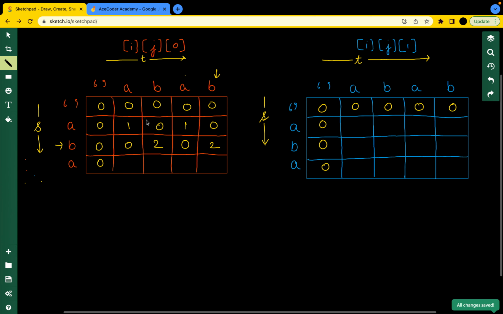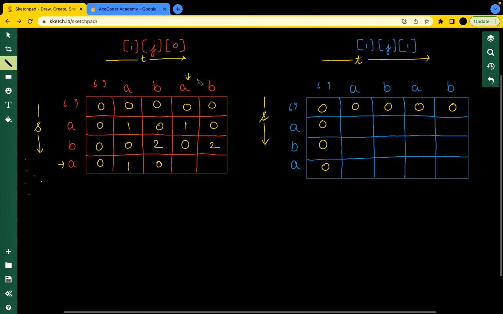And similarly, now next when we will be standing at this A and this A, the length that is possible is 1, because the previous is 0. And when we stand at B, because both are not equal, it will be simply 0.